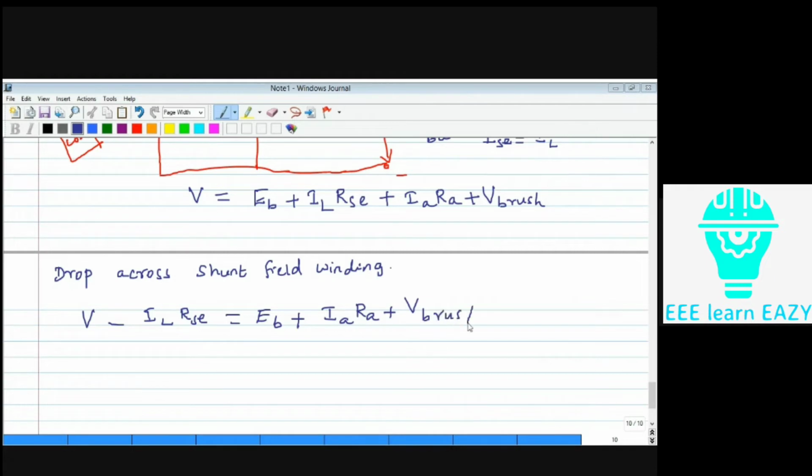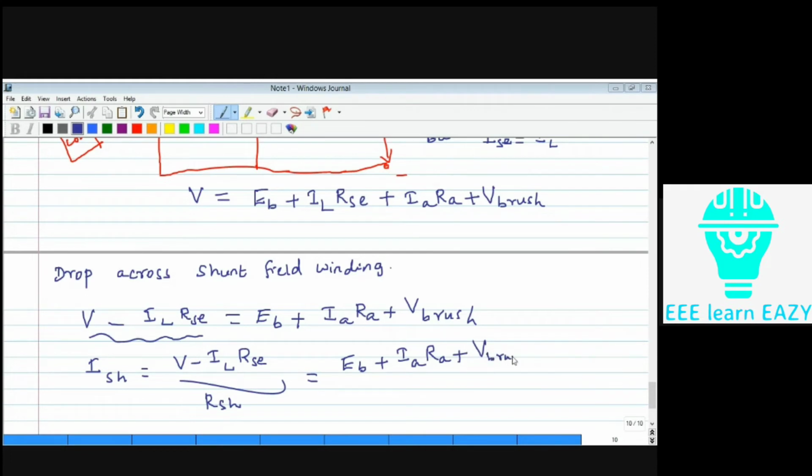So if I want I shunt, I can take V minus IL R series divided by R shunt, that is the drop across the shunt field winding divided by the shunt field winding resistance, or I can take EB plus IARA plus V brush divided by R shunt.